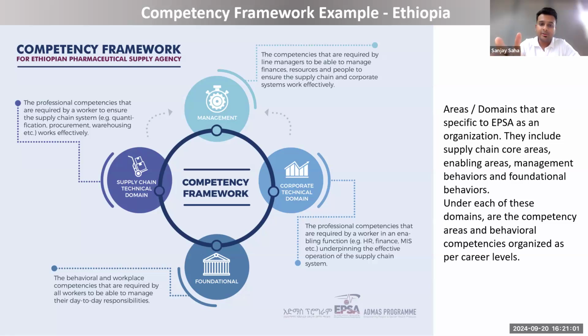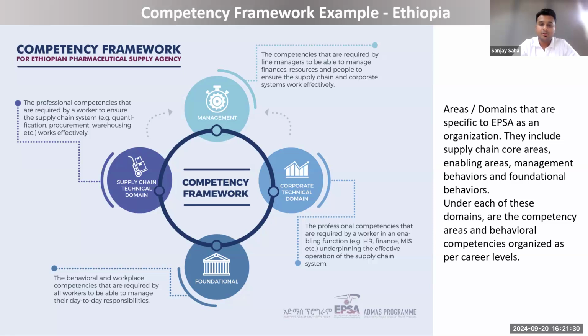So it took us about 1.5 years, but we mapped all the work that EPSA does, and compared it against an internationally developed competency framework by people that deliver. And we realized that EPSA's work can be categorized first of all into four segments. And as per that segment, we can create different competency statements.